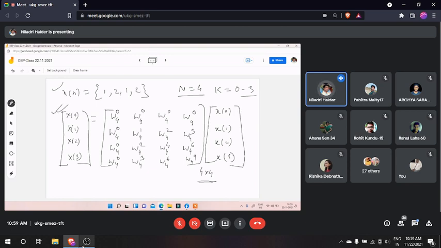So that is your matrix equation, and if you write that in your code, that code will solve the DFT of that input. So what will be your result? Capital X0 will be small x0 into this plus small x1 into this, small x2 into this, small x3 into this.